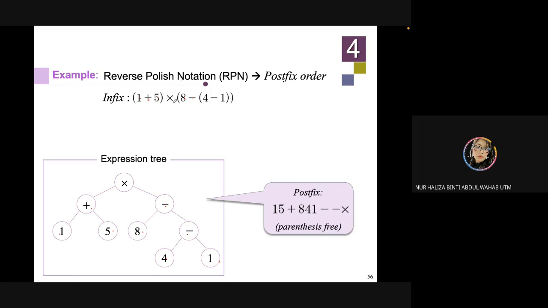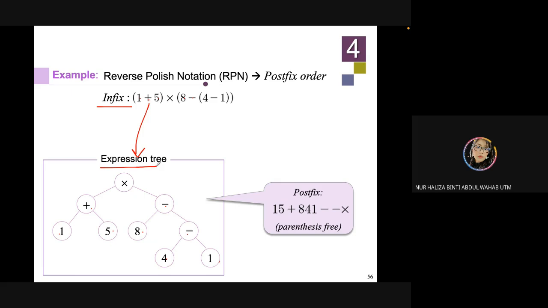And these together, we're going to multiply. That is our infix. We convert it to our expression tree. Now, from this infix, which we already expressed in the expression tree, we need to change it to postfix.